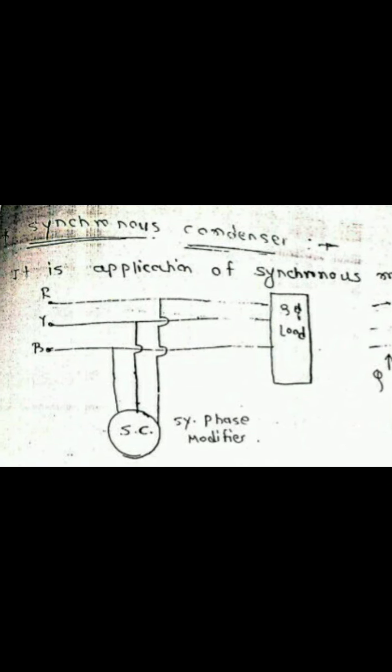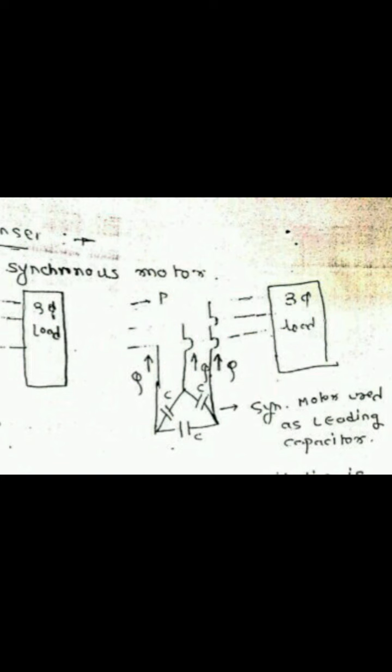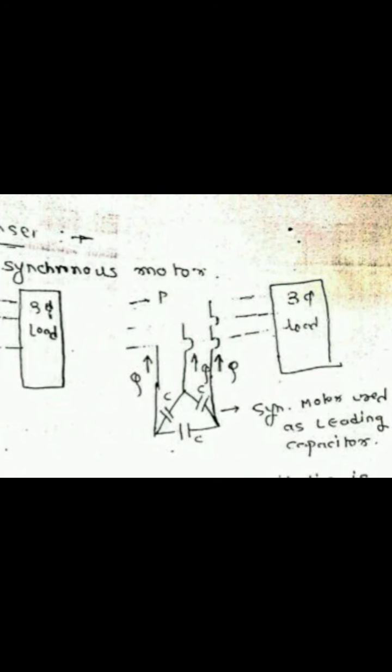So, the other diagram of the synchronous condenser is again one in which the three-phase supply is given to the three-phase load, but in that case the synchronous motor is used as a capacitor for supplying the reactive power.